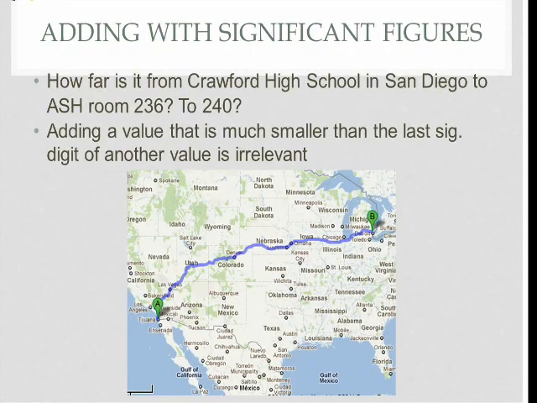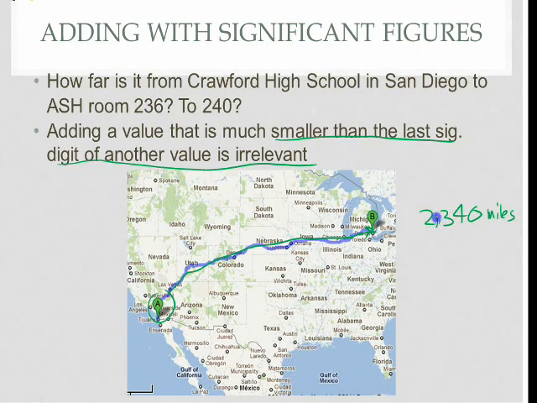So the reason we use the smallest significant digit is because if we add a value that is much smaller than the last digit of another value, it becomes irrelevant. For example, from my high school, where I graduated high school, Crawford High School in San Diego, all the way up to this high school here, that's 2,340 miles to my room of 236.